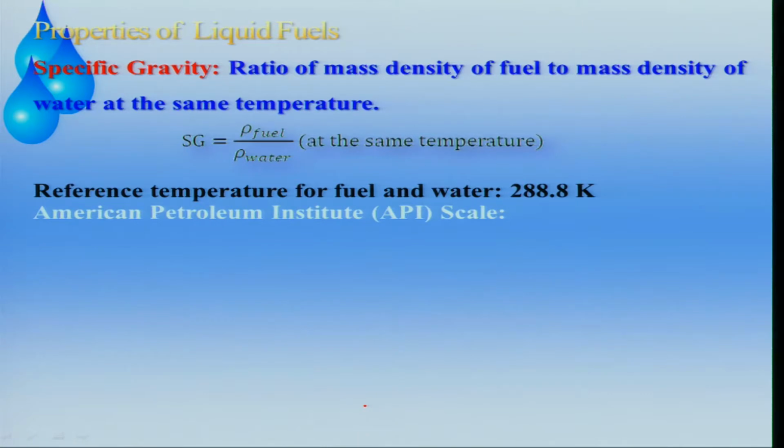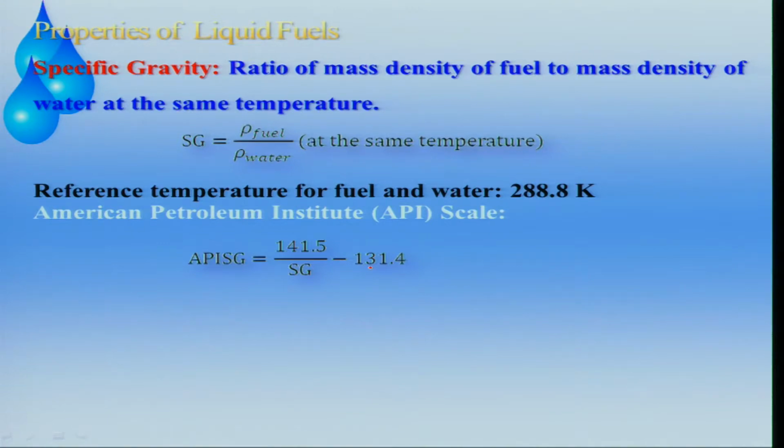So, in order to have a scale, the American Petroleum Institute has come up with a scale which is empirical in nature, that is API gravity equals 141.5 divided by SG minus 131.3.